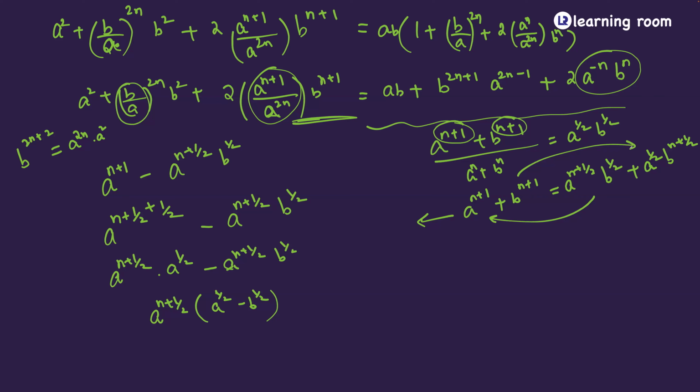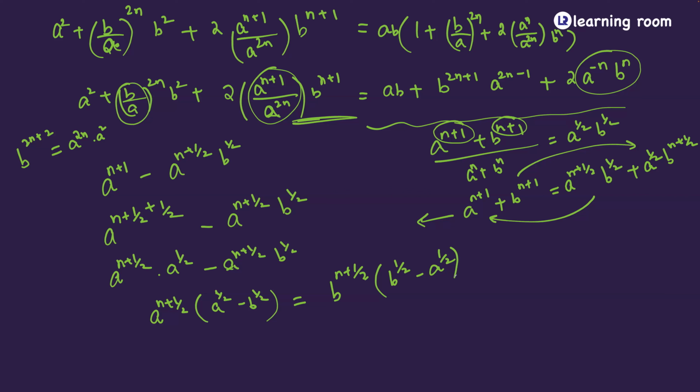You wrote it? What are you getting? B power n plus half. So you're getting b power half minus a power half. How will they get cancelled?